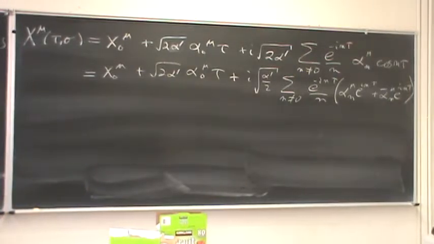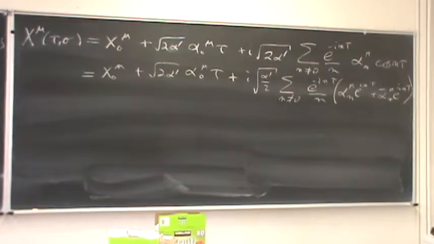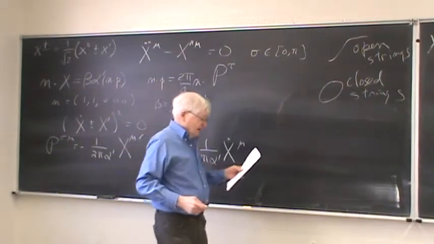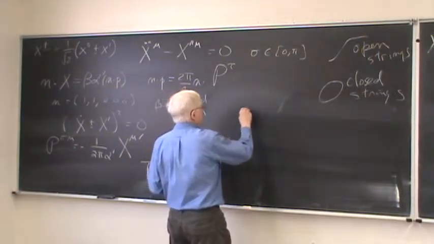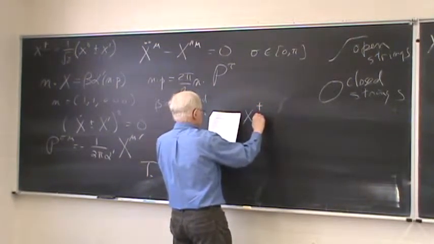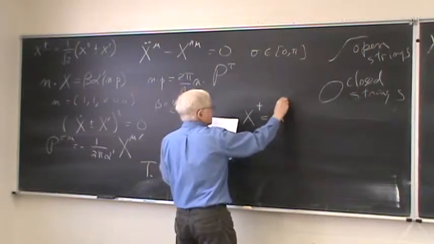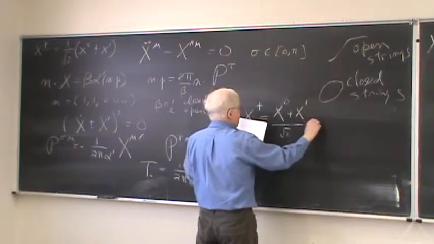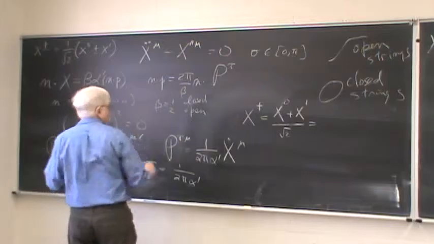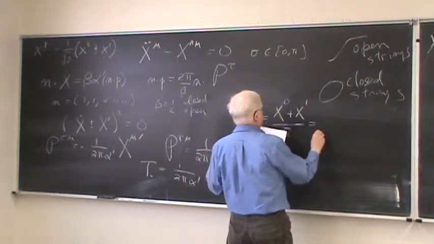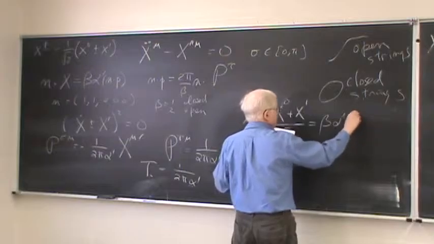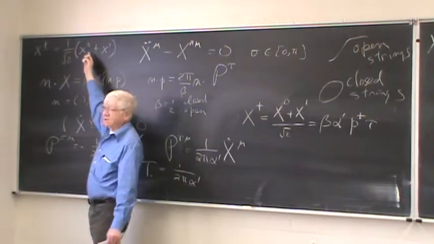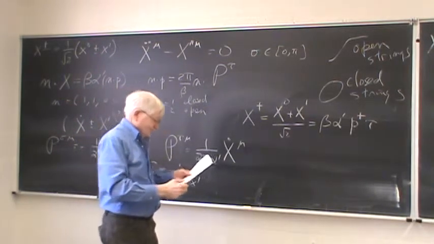Now, so far we're just in this class of gauges, sort of a generalized light cone gauge. If we impose the light cone gauge, then what we have is x plus, which of course is x0 plus x1 over square root of 2, is now equal to beta alpha prime p plus, where p plus is p0 plus p1 over root 2.